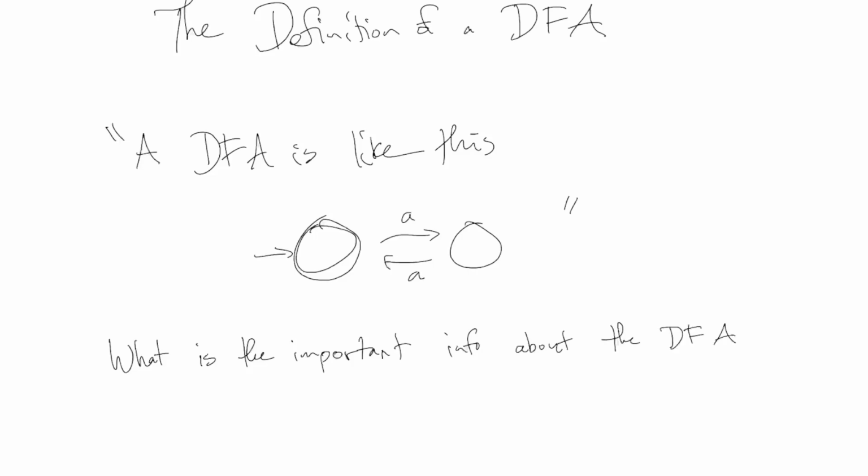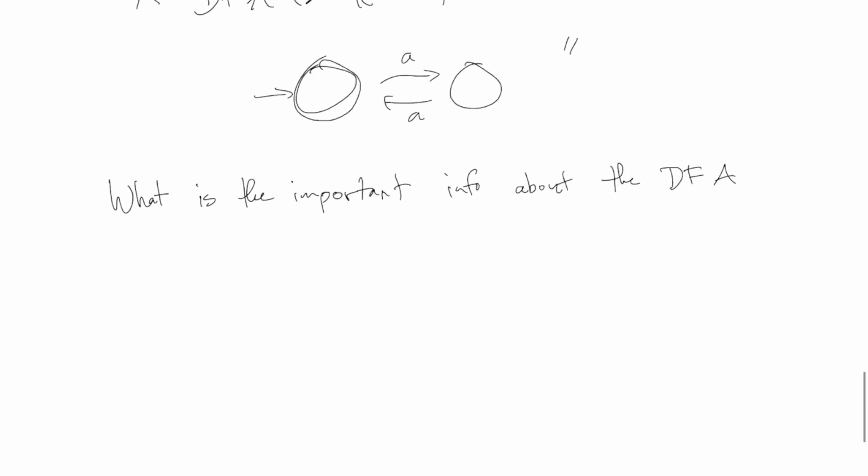This picture is a depiction of the DFA, but what are the things that we are depicting? Well, I would say, first of all, there's the states, right? In this DFA, there are 2 states. I drew them like circles, but of course, you can draw them however you like, but they are the states. Can anybody say what else in the diagram is important?